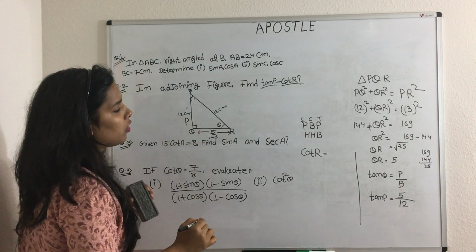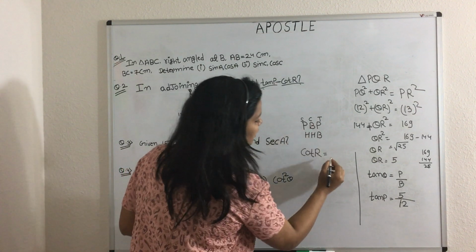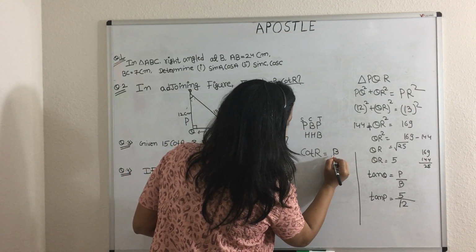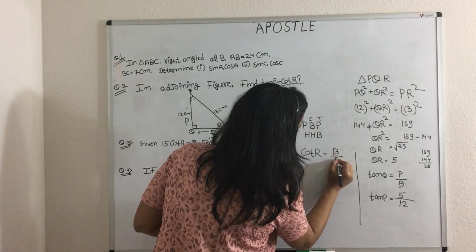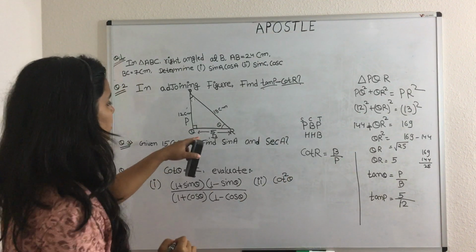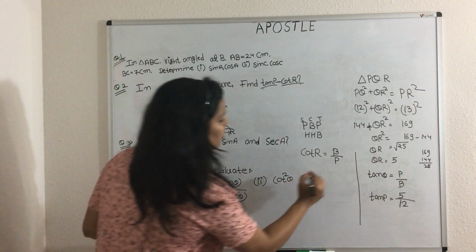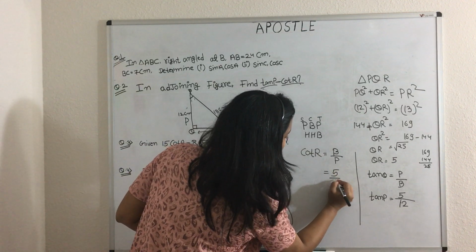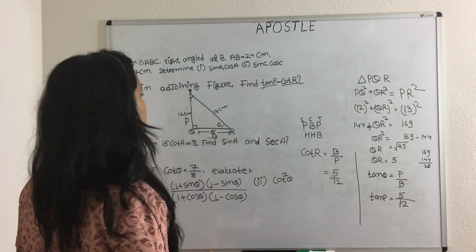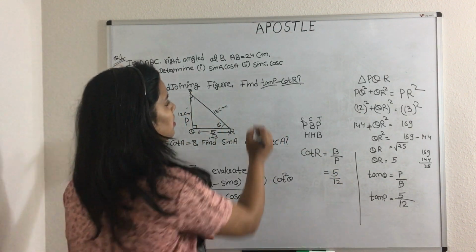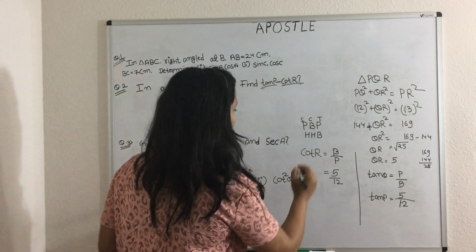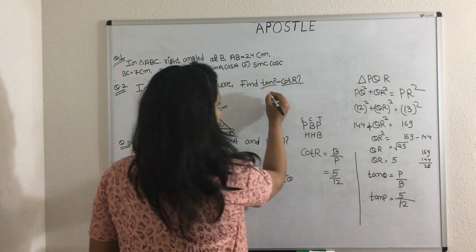So what is the value of cot R? According to this formula, cot R is the reciprocal of tan theta, so that is base upon perpendicular. What is base? Base is 5 and perpendicular is 12. Now put both the values in the equation, tan P minus cot R. So we are going to put both the values in the equation here.